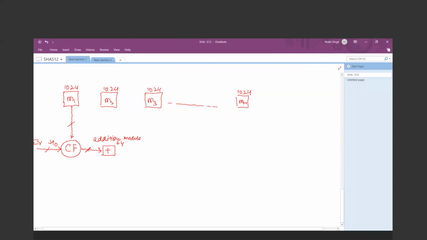The first input is the output from the compression function and the other one is the value of H0. Whatever output is generated will again go to the compression function.